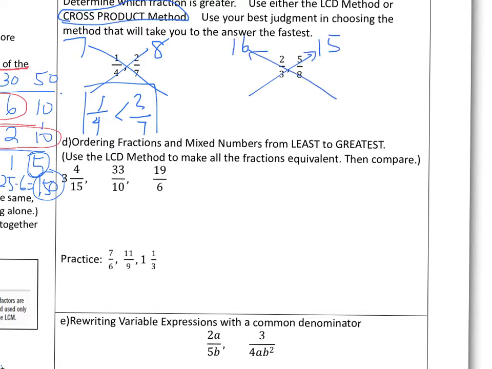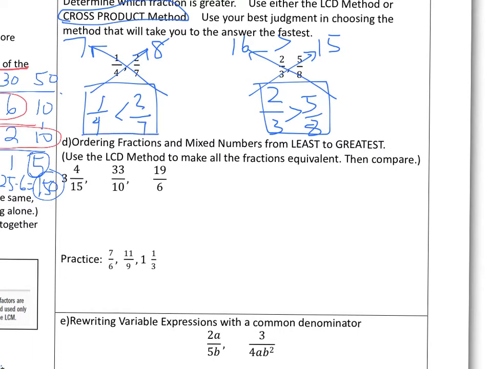Okay? Let me draw these arrows so you can remember. So, because 16 is greater than 15, 2/3 is greater than 5/8. If you would like to know the reason why this method works, please come see me.